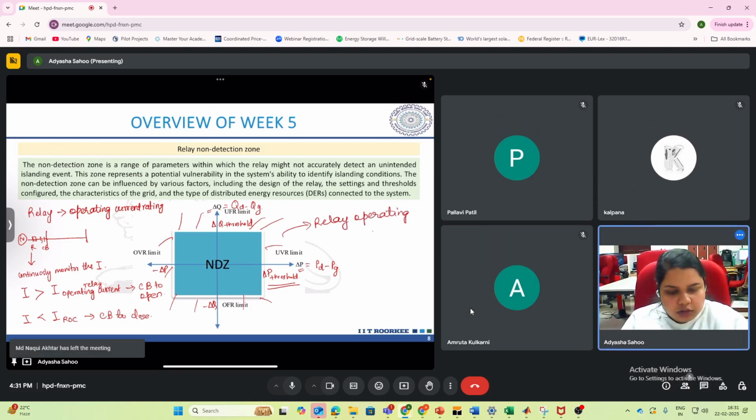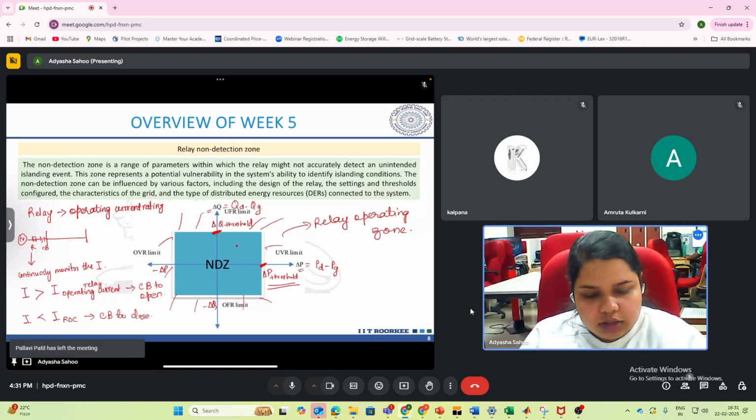But if the active power mismatch and the reactive power mismatch are less than this delta Q threshold and delta P threshold, like if it is somewhere here, the mismatches are lying within this square, then the relay cannot detect this type of fault. So this is called the non-detection zone of the relay. So our aim is always to minimize this non-detection zone so that it is very small.